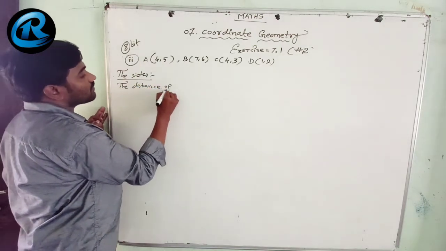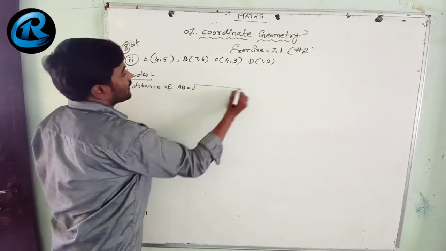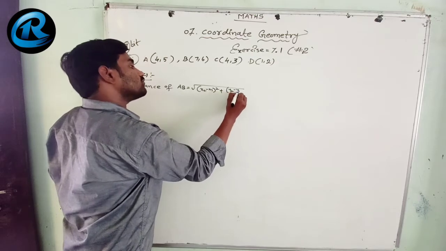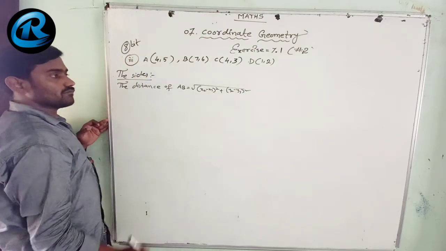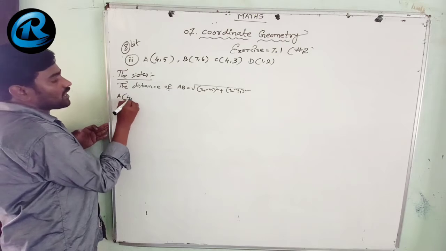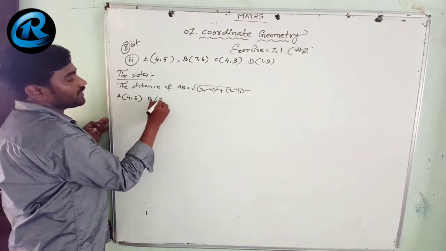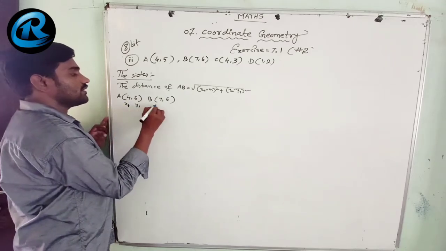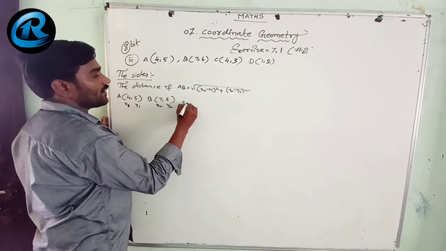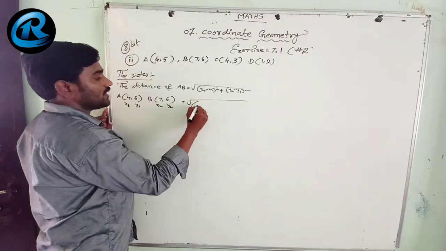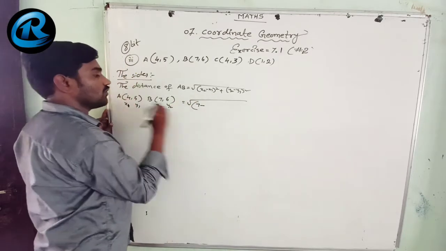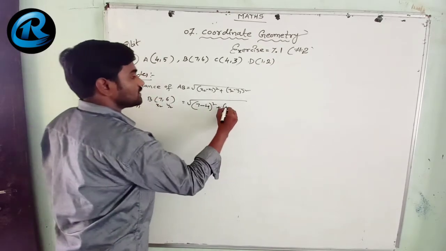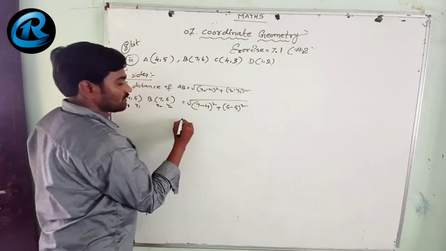The distance of AB equal to under root of x2 minus x1 whole square plus y2 minus y1 whole square. A is 4 comma 5, B is 7 comma 6. Let us substitute: 7 minus 4 whole square plus 6 minus 5 whole square.